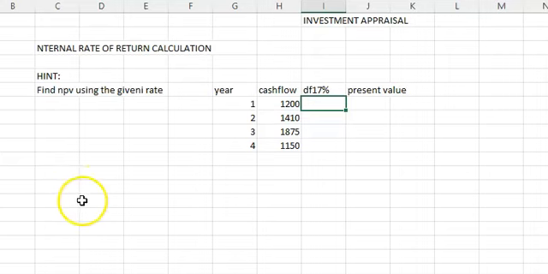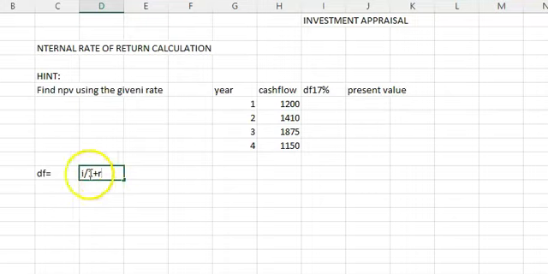You can just say discount factor is equal to 1 divided by 1 plus R. This is how we calculate a discount factor.